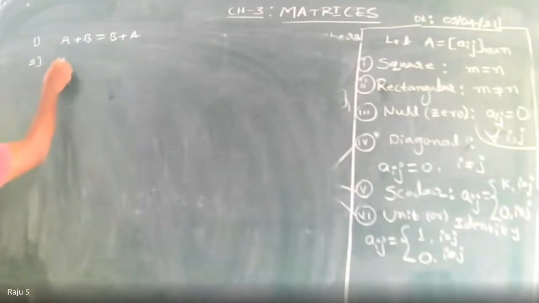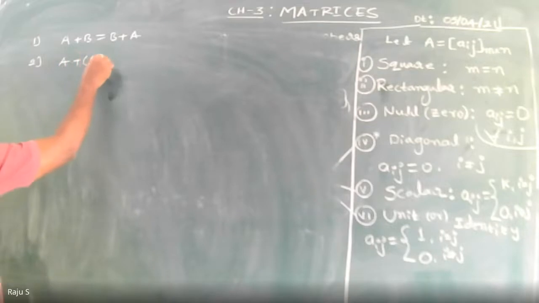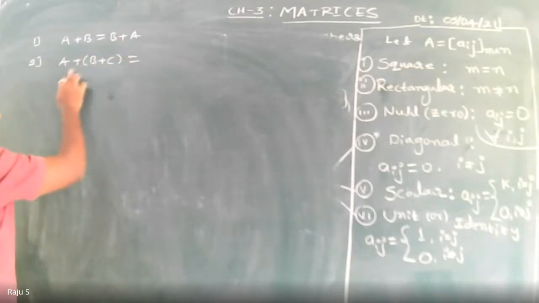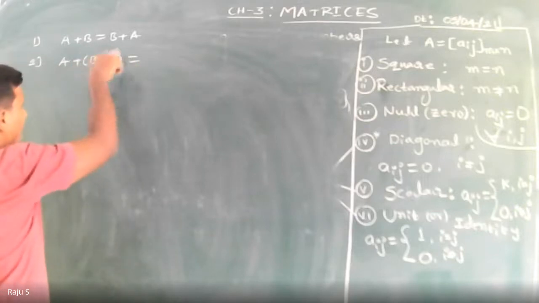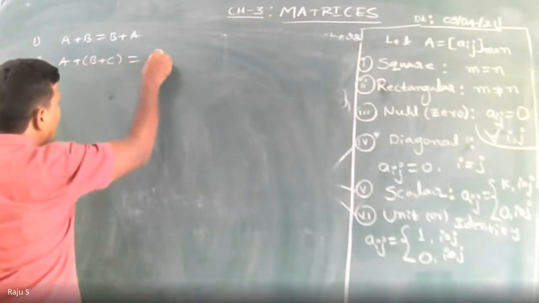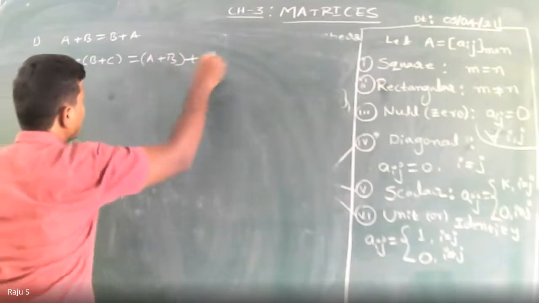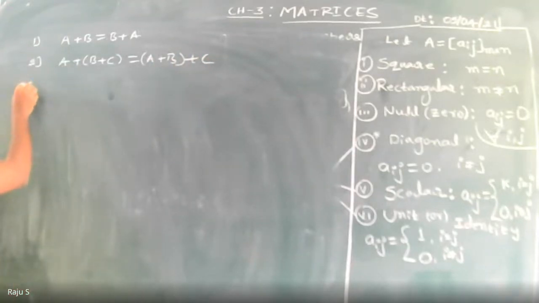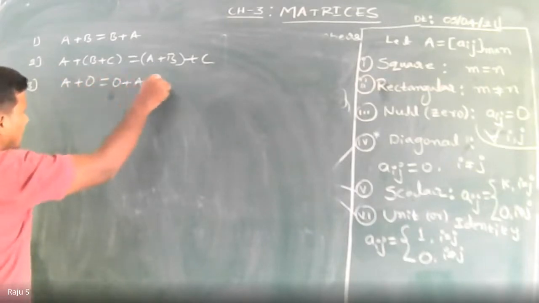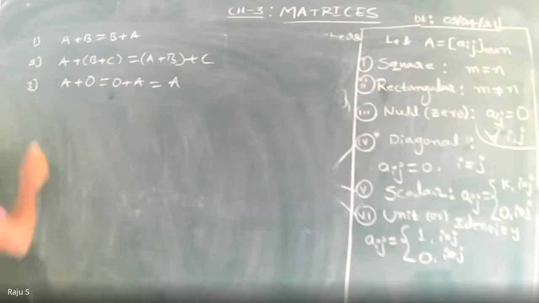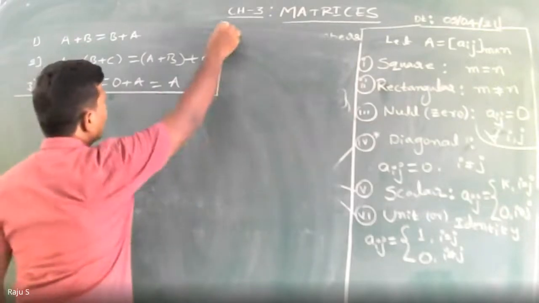That is, if we take any three matrices, A plus bracket B plus C can be written as A plus B plus C. The third one is A plus null matrix is equal to null matrix plus A is equal to A. So these are the properties.